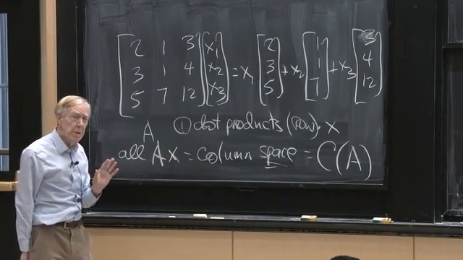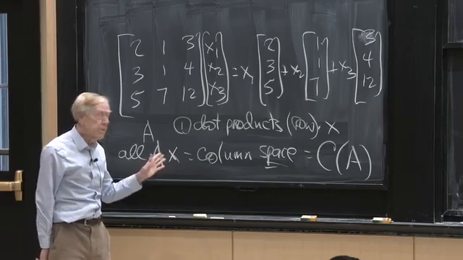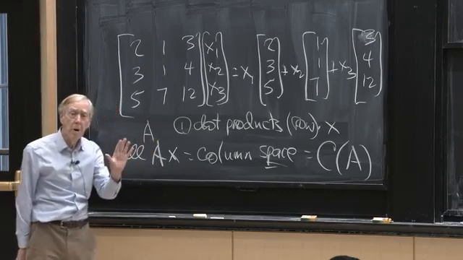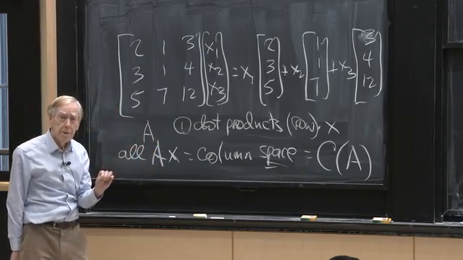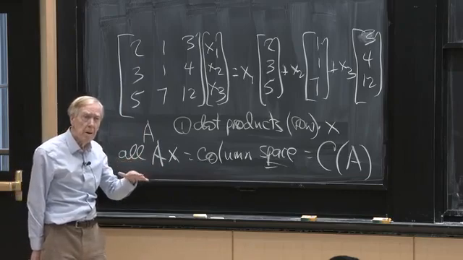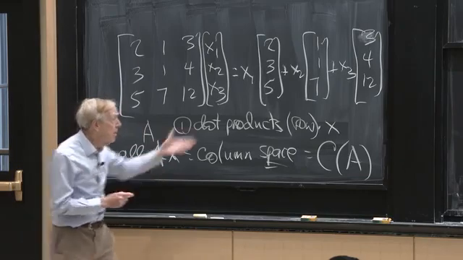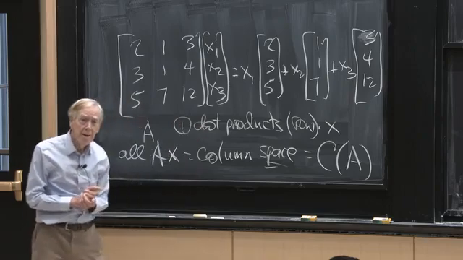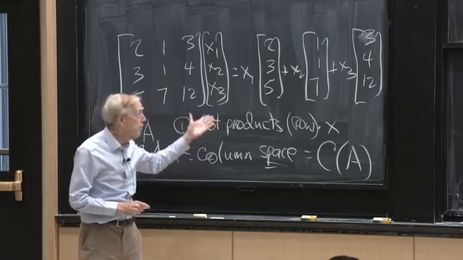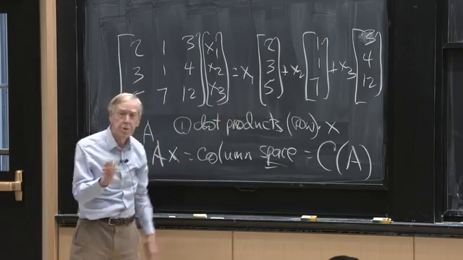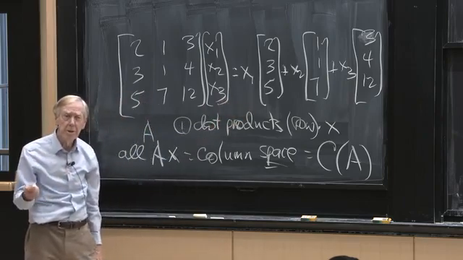And that depends on the matrix. Sometimes the column space would be the whole of R3. Sometimes it's a smaller set in R3, a space. Do you know what it is in this case? Do I get all of 3D out of these by choosing all x1, x2 and x3?